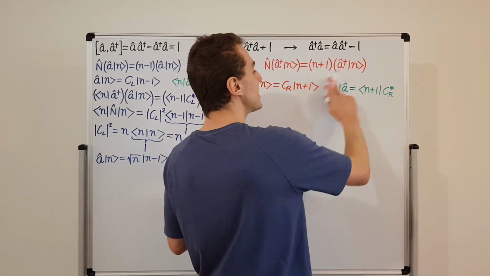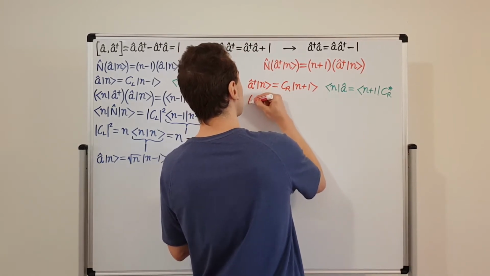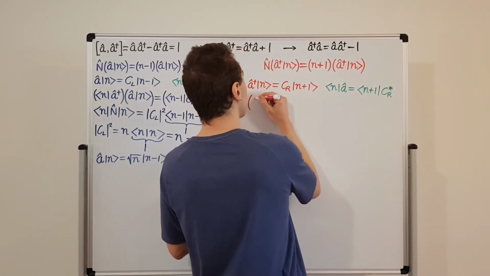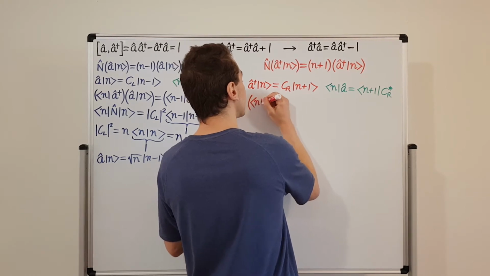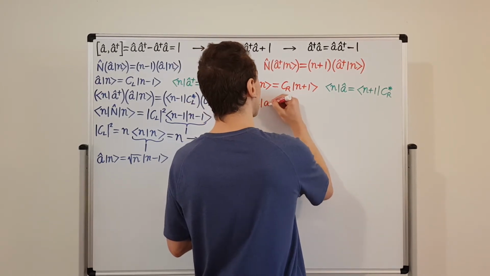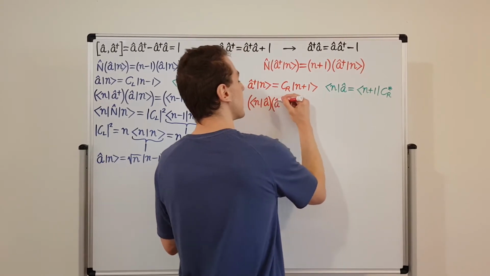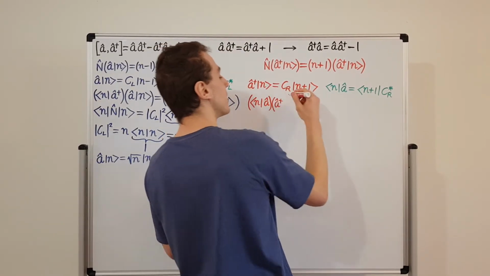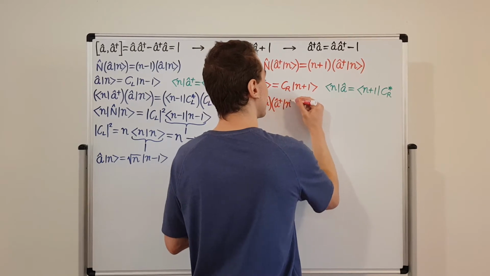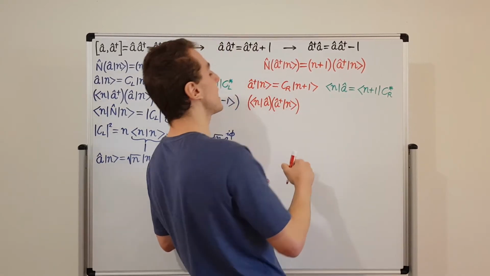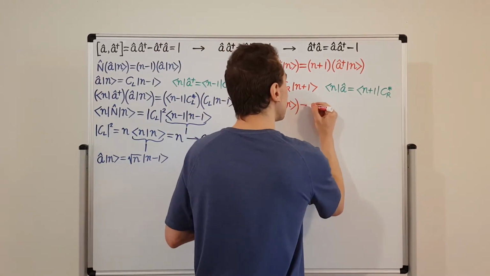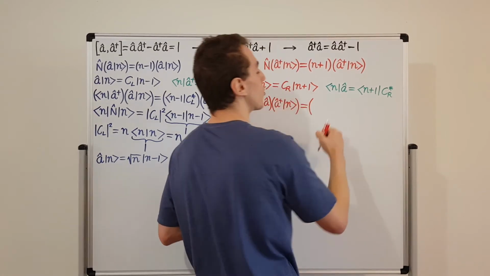We have this guy over here. That's going to be on the left-hand side. So on the left-hand side, we're going to have the bra version of n, and then we'll have A, and then we're going to have a dagger, that's from up here, times the ket version of n. So that is the left-hand side of the equation. And I'm going to set this equal to the right-hand side of the equation.